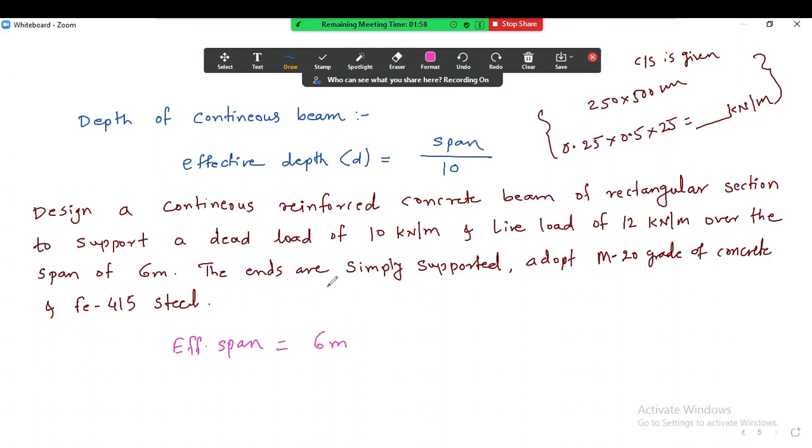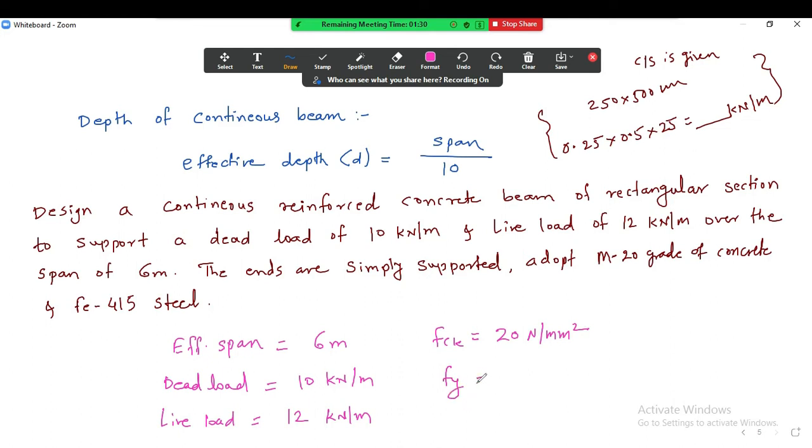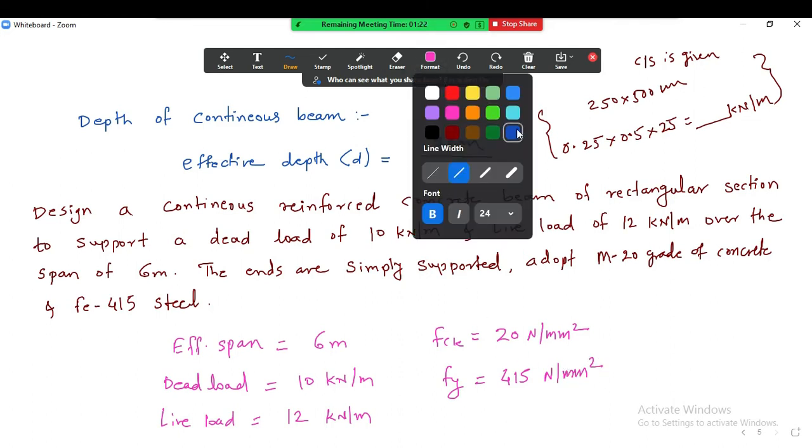Then dead load is equal to 10 kilonewton per meter. Then live load is equal to 12 kilonewton per meter. fck is 20 newton per mm square, that is 20 MPa. fy is 415 newton per mm square, that is 415 MPa. So this is the given data with us now.